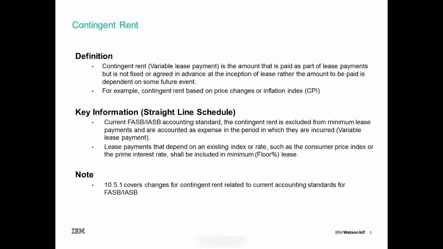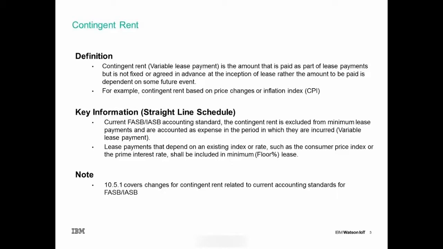A lease payment that is dependent on an existing index or rate, such as the consumer price index or the prime interest rate, will be included in minimum lease payments.